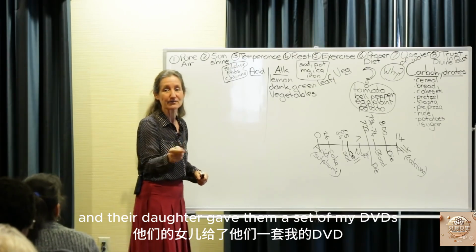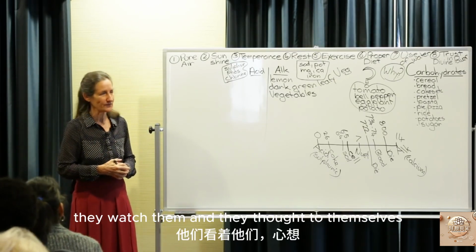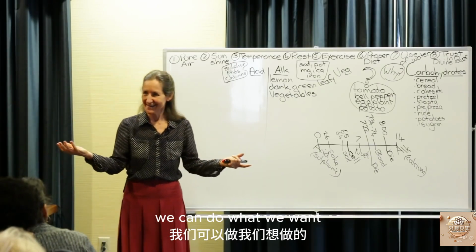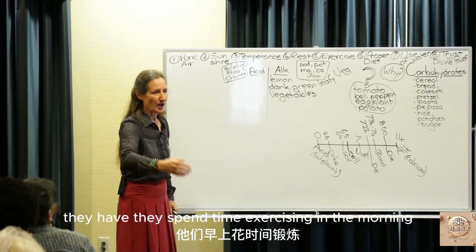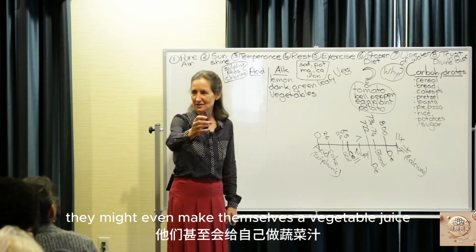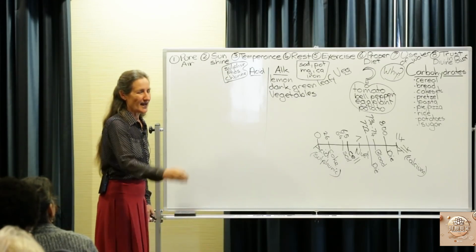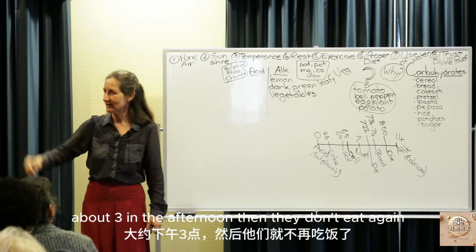And their daughter gave them a set of my DVDs. They watched them and they thought to themselves, this sounds good. We're retired now, we can do what we want. And they do what I find many retirees do. They spend time exercising in the morning. They might even make themselves a vegetable juice, and then they have breakfast about 9 or 10. And then they have their main meal about 3 in the afternoon, then they don't eat again.